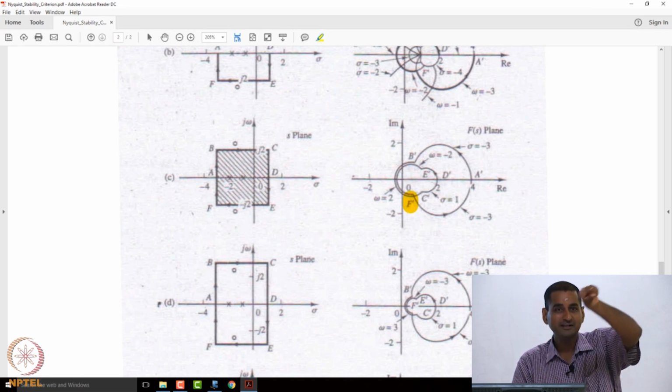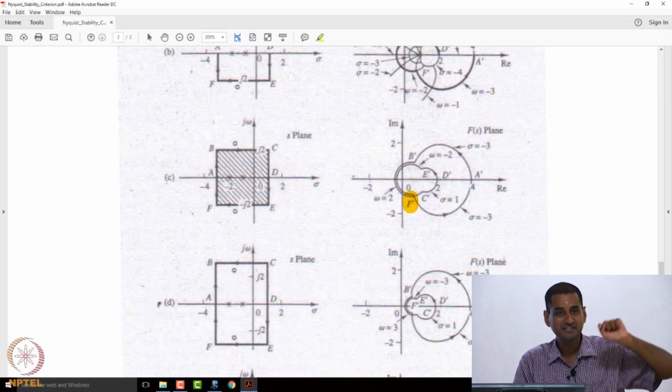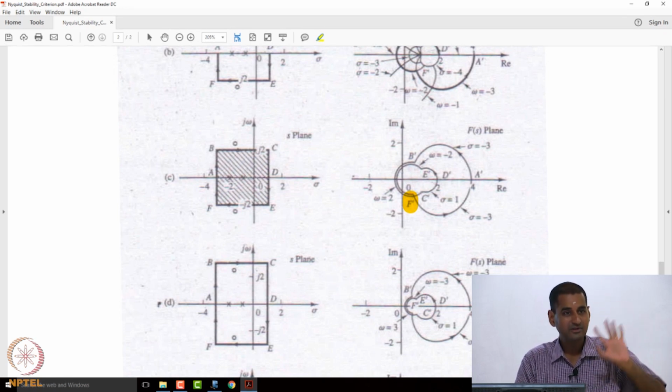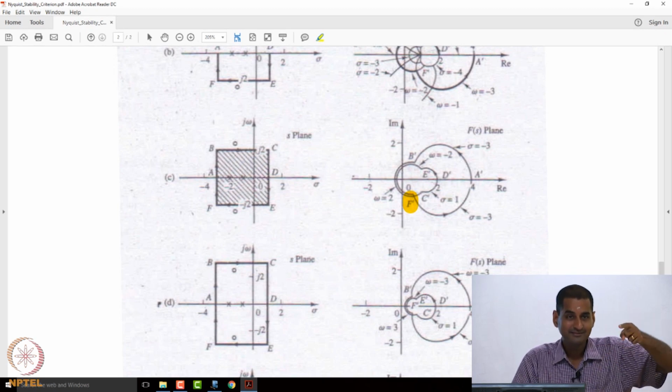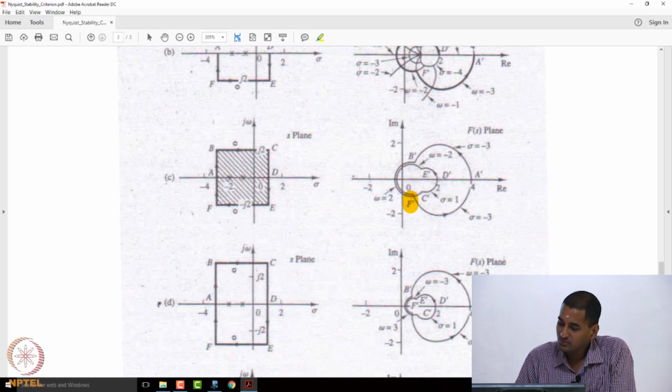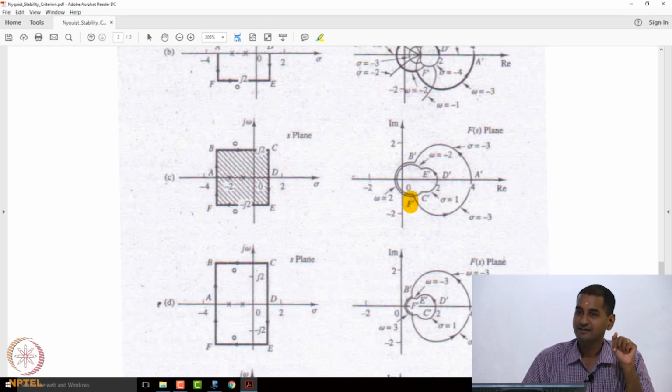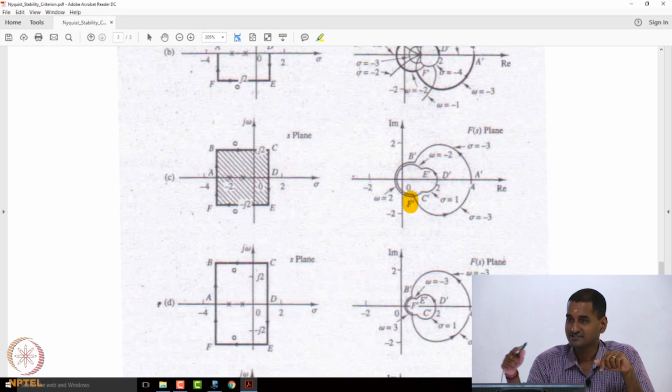You would have rotated 360 degrees around the origin in the counterclockwise direction. Let's not worry about the magnitude changes, but the angle will come to 360 degrees. Do you agree? Now you go D prime, E prime, F prime back to A prime, you sweep another circle, another 360 degrees in the counterclockwise direction.